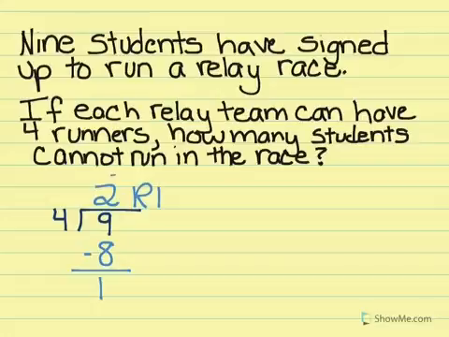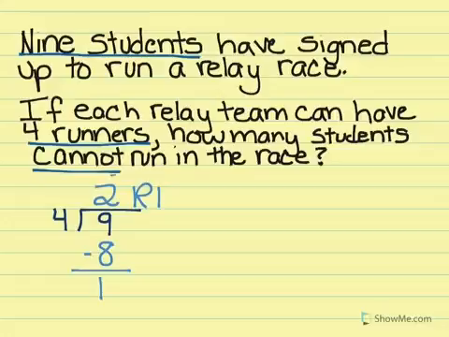Nine students have signed up to run a relay race. If each relay team can have 4 runners, how many students cannot run in the race? So I know 9 students signed up to run.